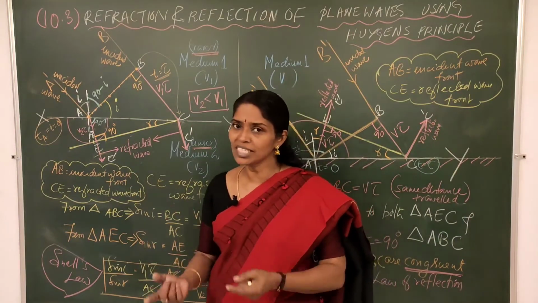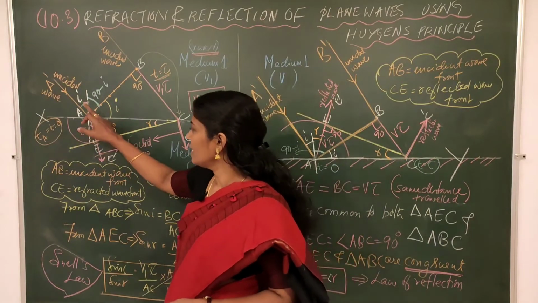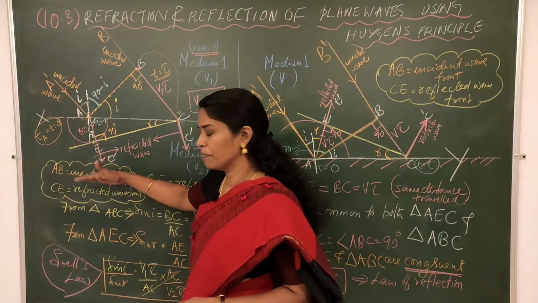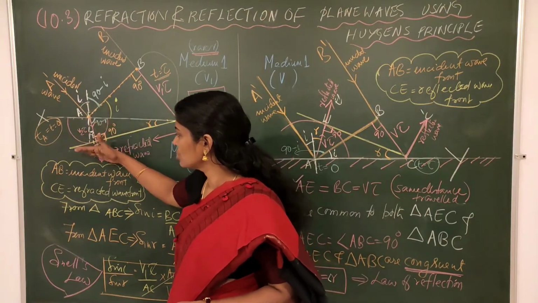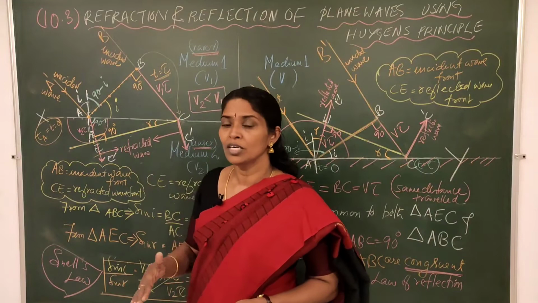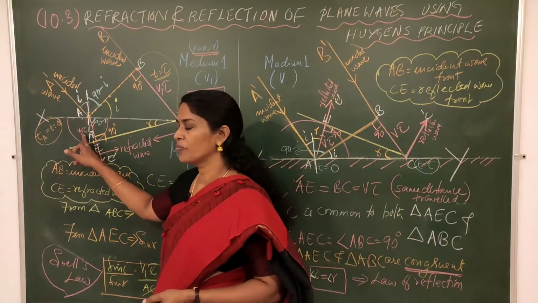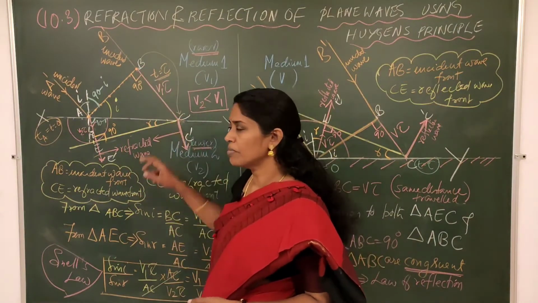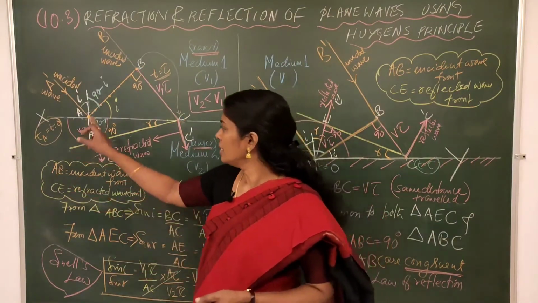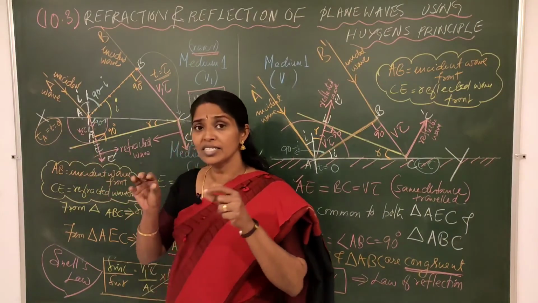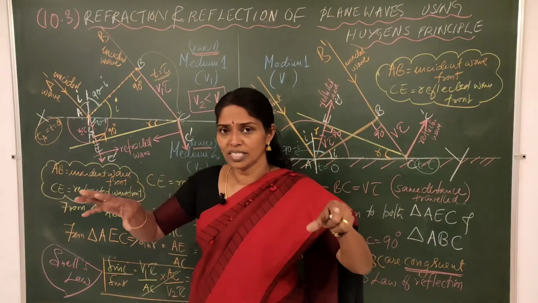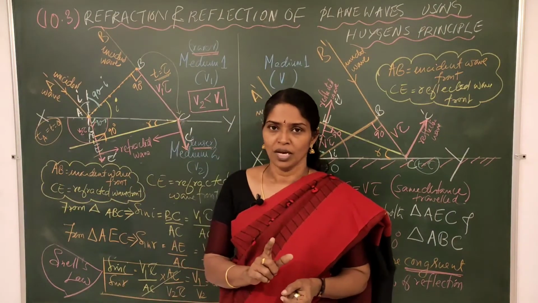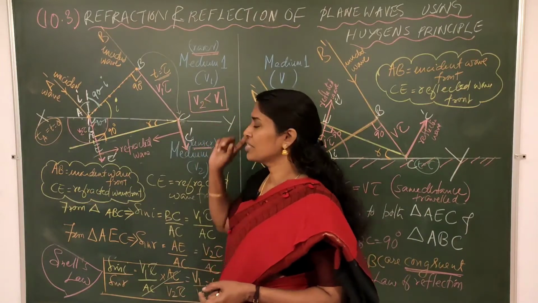Meanwhile, in the same time tau, the wave at the point A goes through the second medium, refracted, and travels a distance v2 tau. Why v2 tau? Because in the same time tau, the point A creates a disturbance that advances through the second medium as a sphere of radius v2 tau. But v2 is lesser than v1.